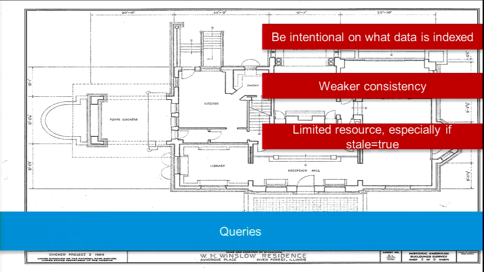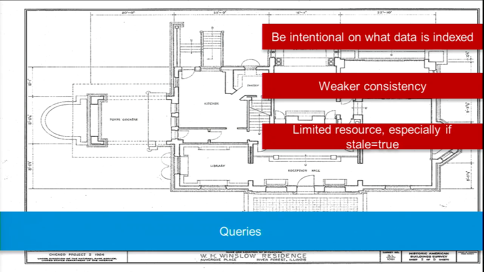For queries, what we've learned over time is you want to be very intentional on what data is being indexed, and this is especially true if you're coming from an existing application that automatically is generating all sorts of data. You want to be intentional on what data you're exposing, what data is indexed, so that it's very clear as to what data you get out of given queries.